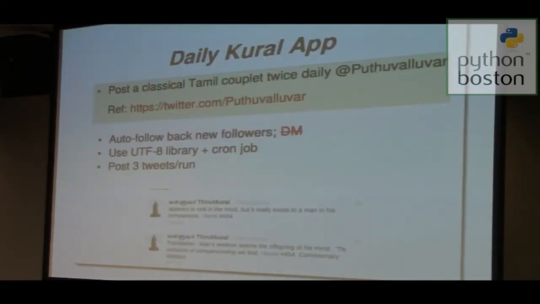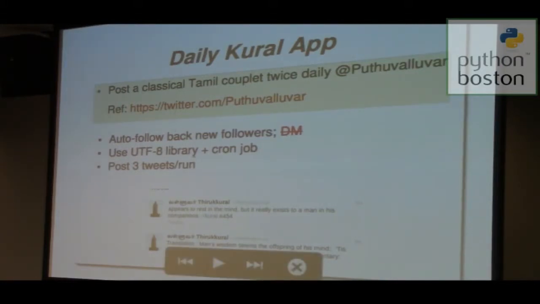I built two apps using this Python Twitter, and one of them is called the Daily Kural app. Tamil is my native language. I'm originally from Chennai in India. There is a bunch of classical literature in Tamil, which I wanted to tweet periodically. So I used this Python Twitter API and set up a Twitter account at this link.